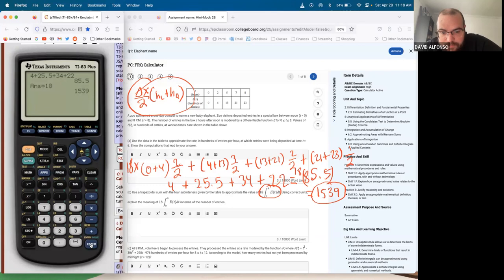No. So this is a little tricky because I'm trying to understand what this represents. Because the thing is, E is not a rate. So what would this represent? I'm trying to think the meaning of this.